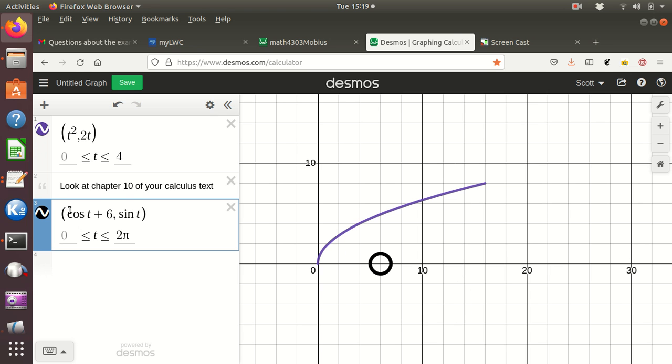So I would need to put the 2 on the cosine and the sine like that, and then plus 4 here, and I can move the center that way. Because what I've done is I've just changed the x value by 6 for every x value. So that moves the center over by 6 to the right, and I've moved the y up by 4, and so I get that.